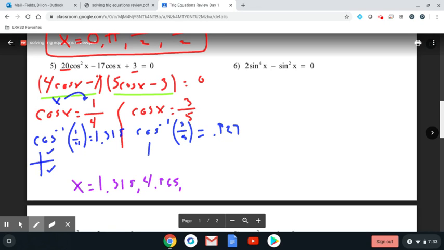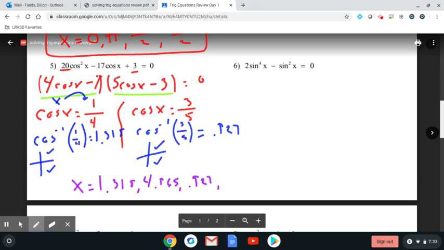When we go to identify what quadrants we're in, same thing: because that 3/5 is positive, that means x is positive, and x is positive in quadrant number 1 and quadrant number 4. So when we go to write our final answers, quadrant number 1 is going to be my reference angle, so that's going to be our 0.927.